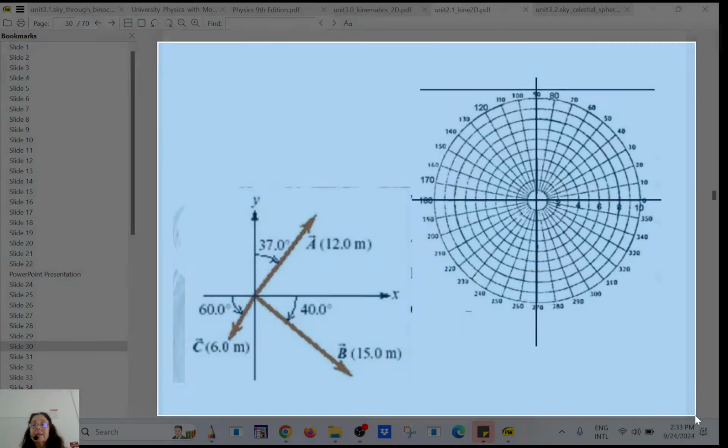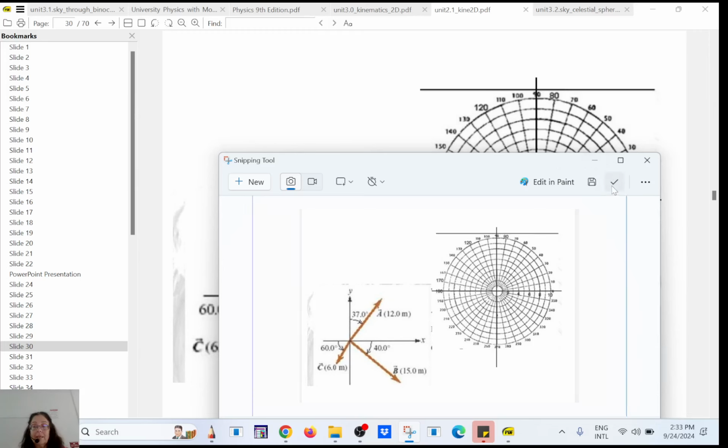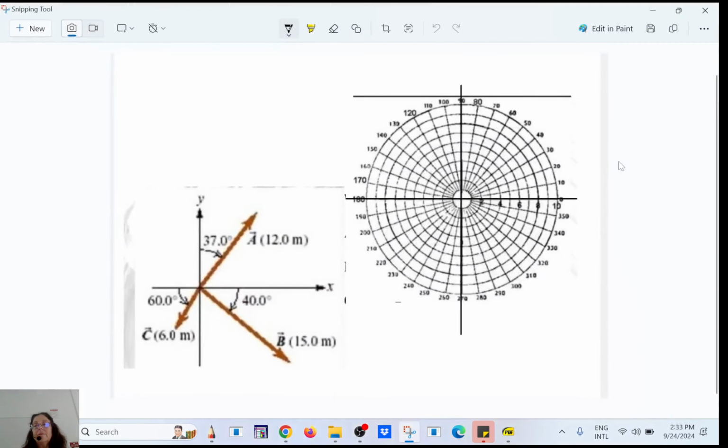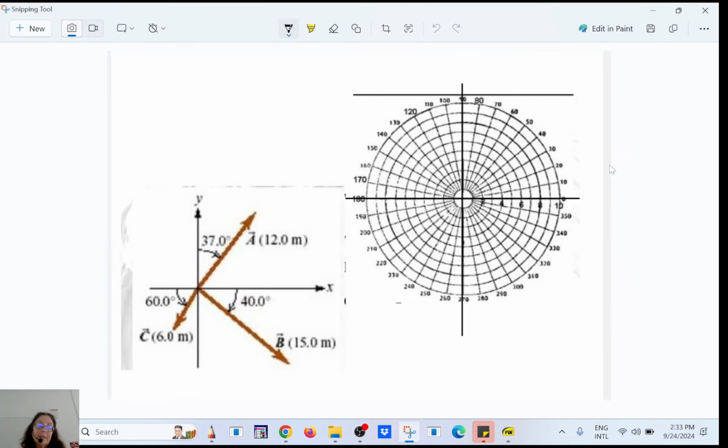Try B. Sure. B, you have two ways to do it, right? So the magnitude is 15. The tail is attached here, and you have that angle there.